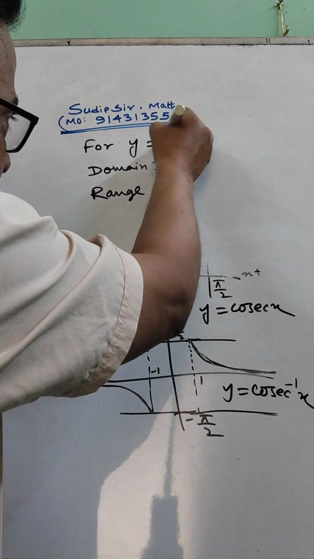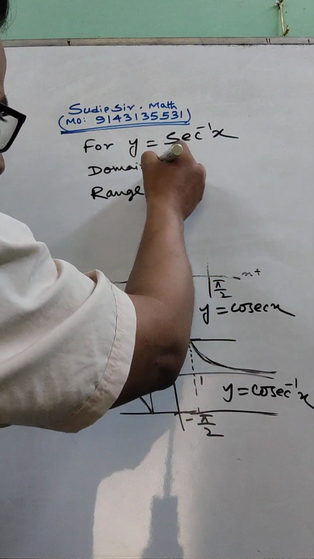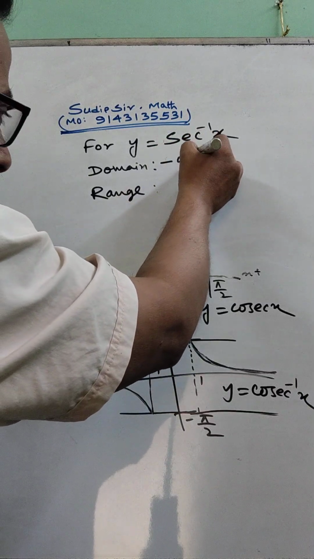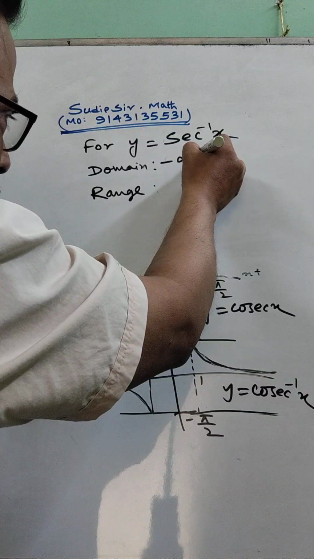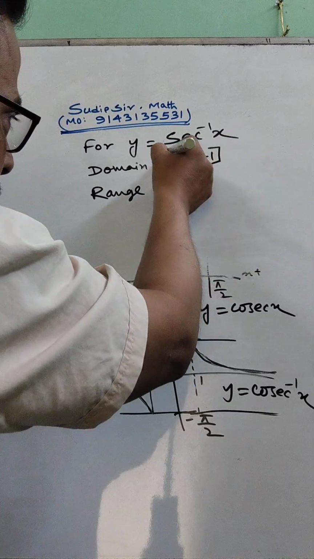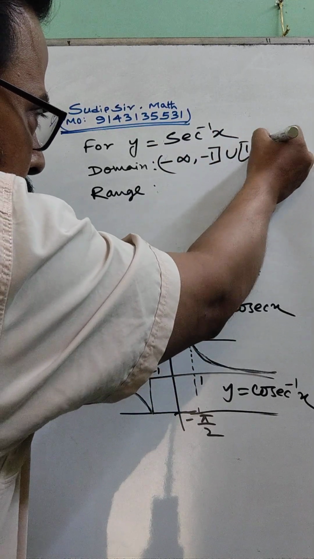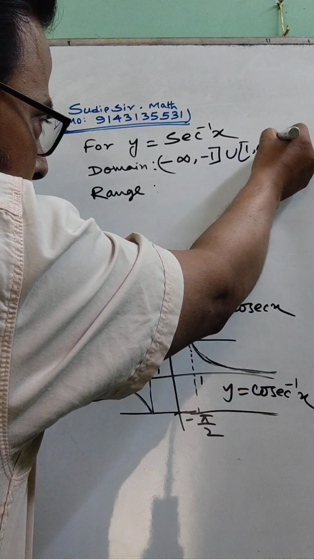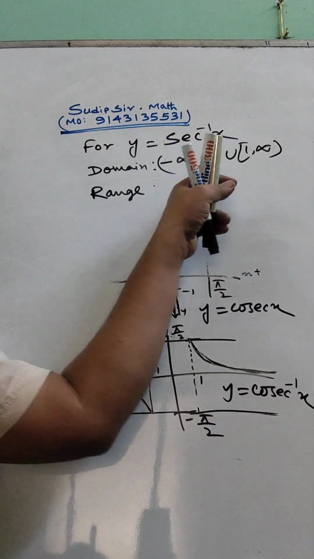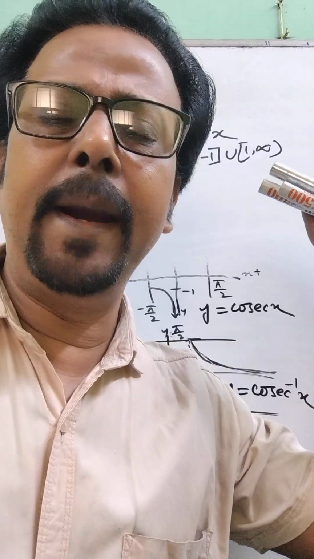For sec inverse x, the domain will be minus infinity to minus 1, union 1 to infinity, with first brackets. The domain of sec x cannot lie between 1 and minus 1.